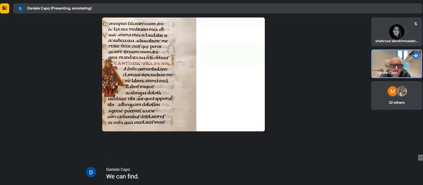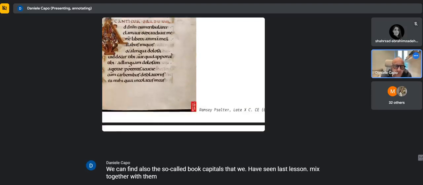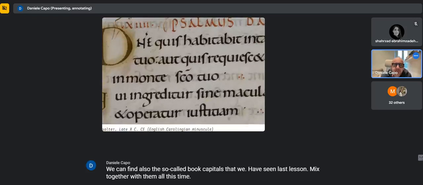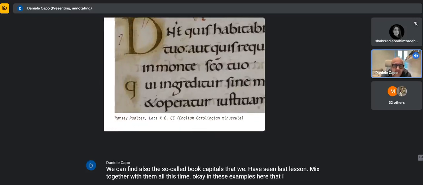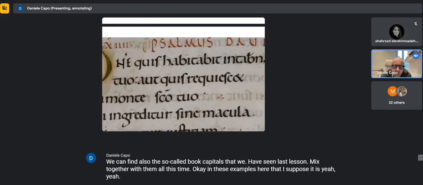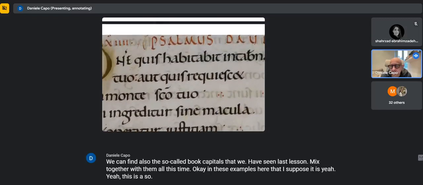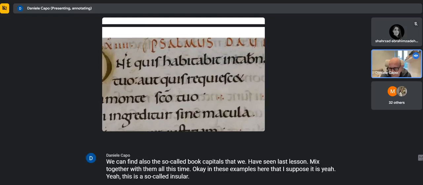We can find also the so-called book capitals that we have seen last lesson, mixed together with other styles. Okay. In this example here, this is a so-called insular writing.